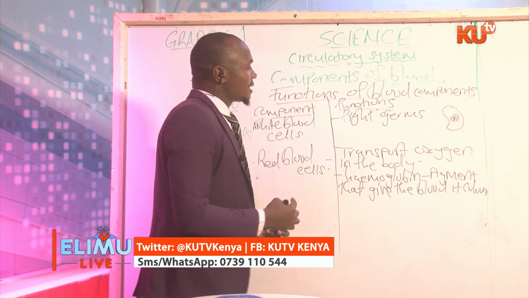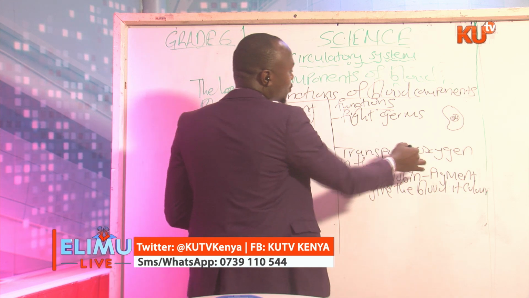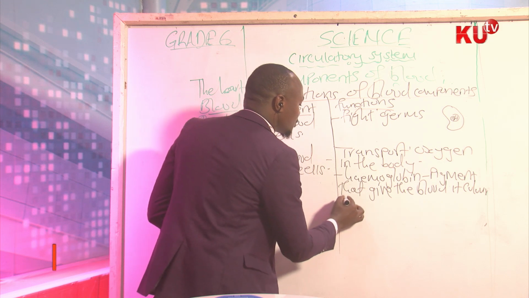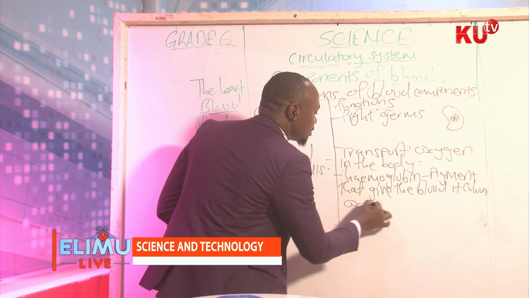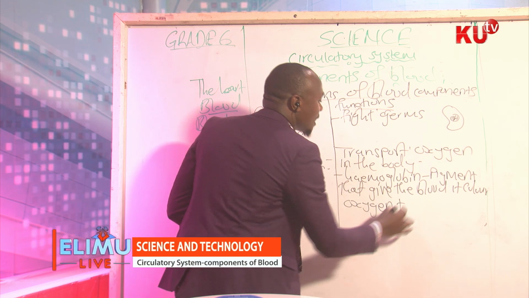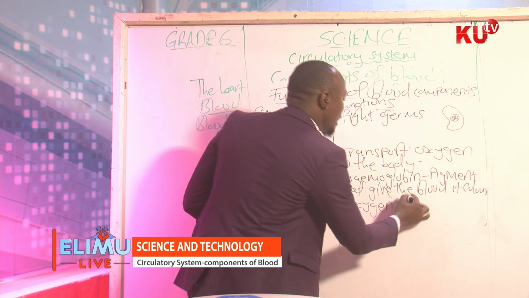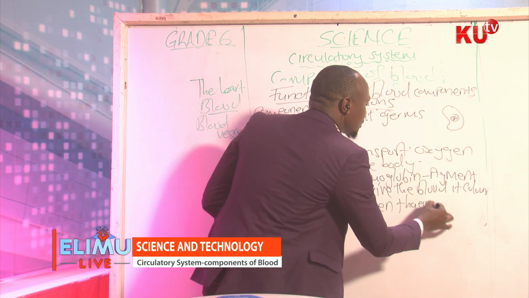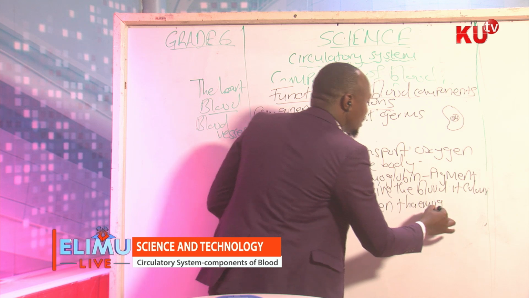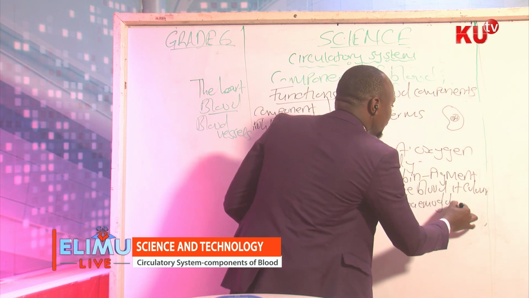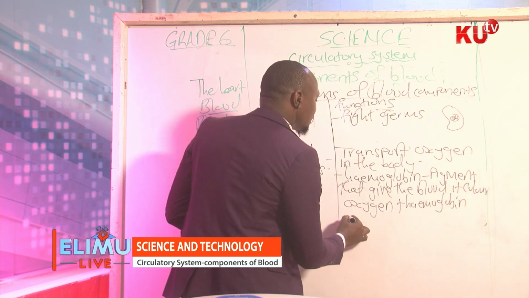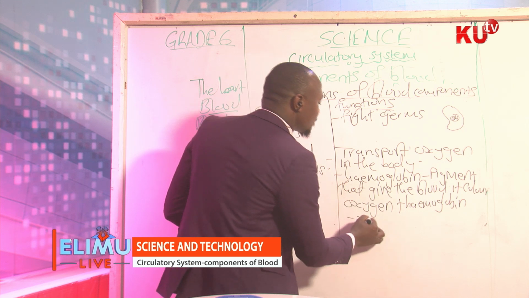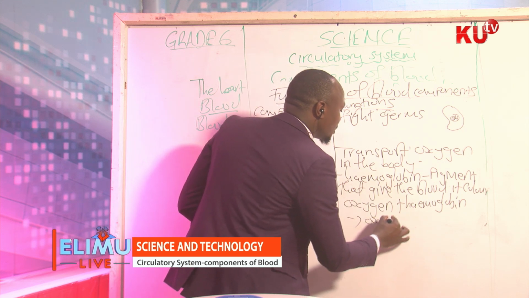This hemoglobin is the one that combines with oxygen, forming something called oxyhemoglobin.